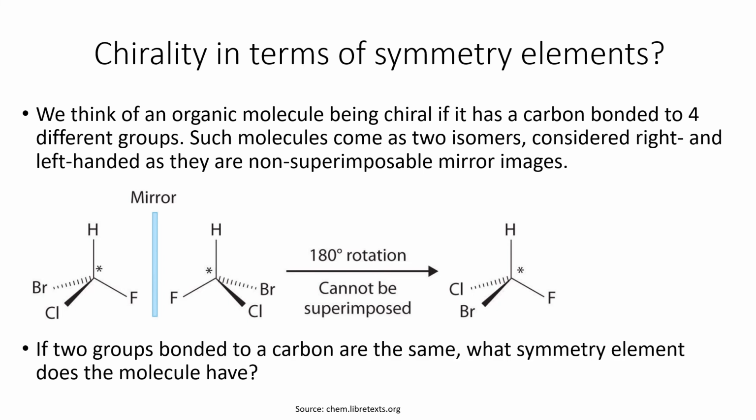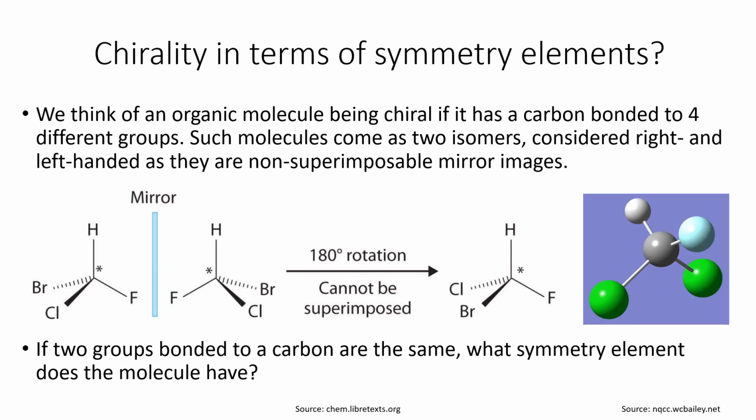So you might ask yourself, supposing the groups weren't all different, supposing 2 of the groups bonded to the carbon were actually the same, so this would no longer be chiral. What symmetry element would you associate with that state of affairs? You can see that picture here. It's a similar sort of molecule, except rather than having a bromine, we've got 2 chlorines.